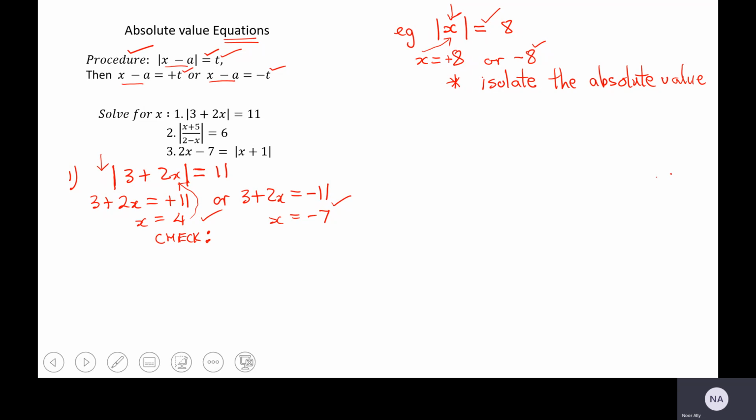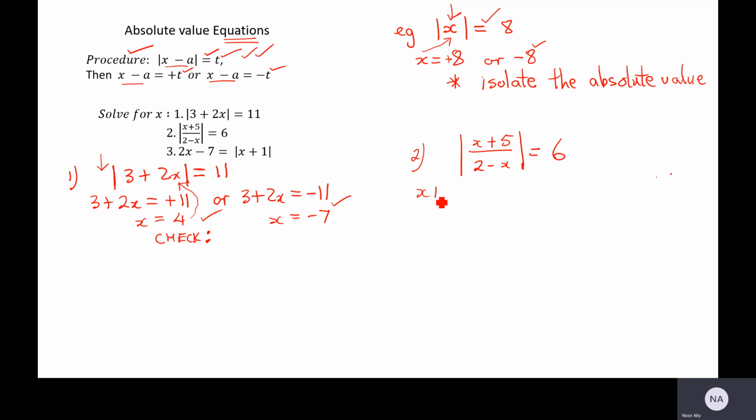Now, number 2. The absolute value of x plus 5 divided by 2 minus x is equal to 6. Now here again, because both the numerator and denominator lie between the absolute value signs, there's nothing to transpose, nothing to divide, which means I can apply this procedure immediately.